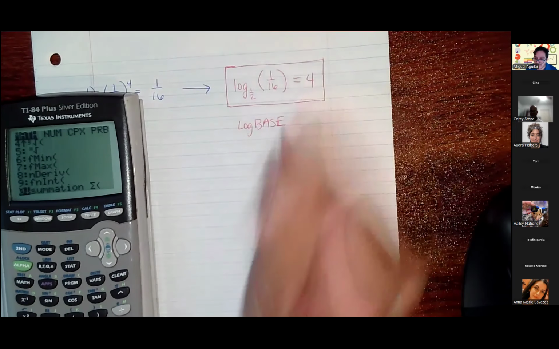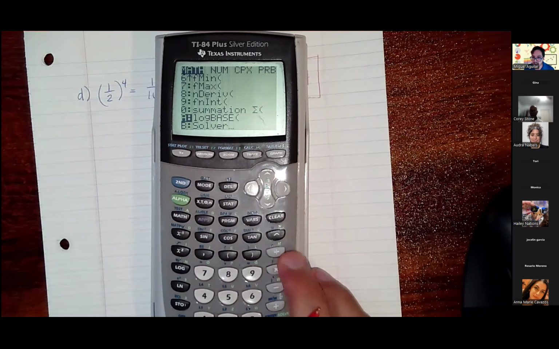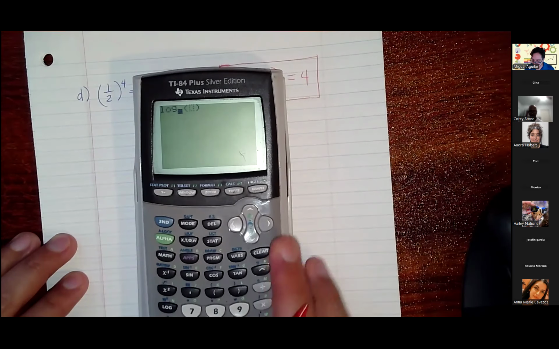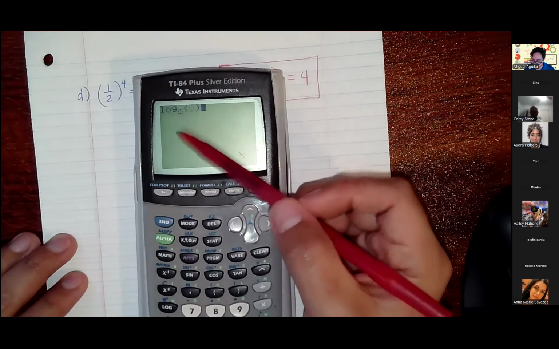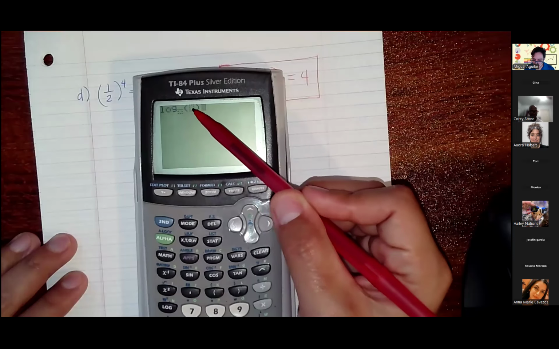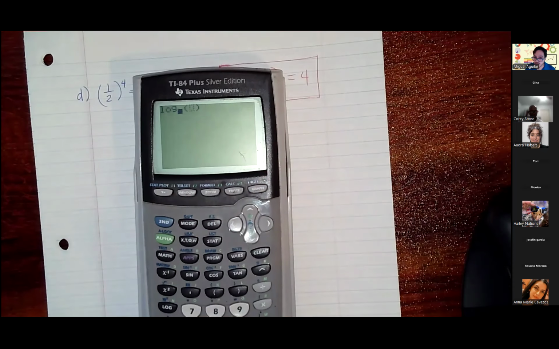It's the second to the last thing, option A. I'm going to hit enter. And so now I have this expression on my calculator, log of base blank, with parentheses that are also blank. So now we can type in whatever we want for the base and whatever we want for the input.